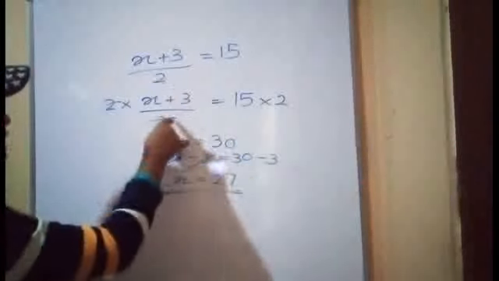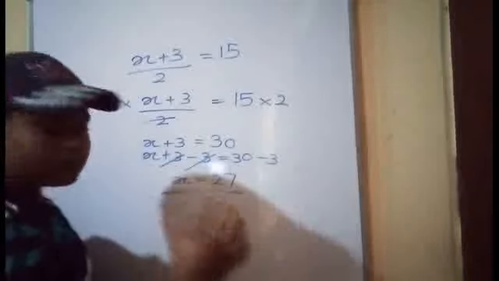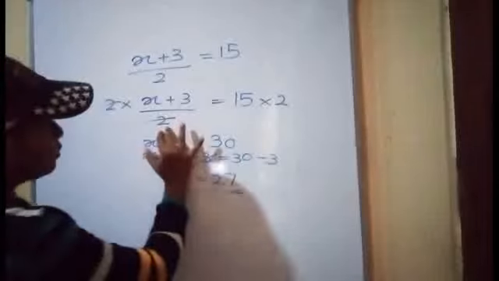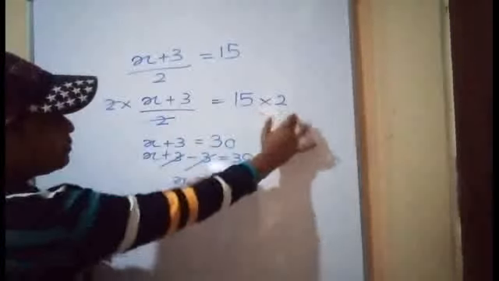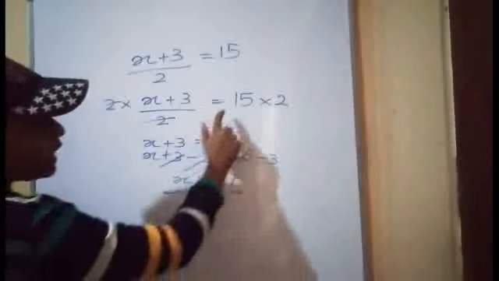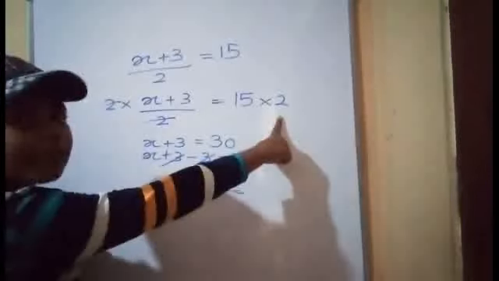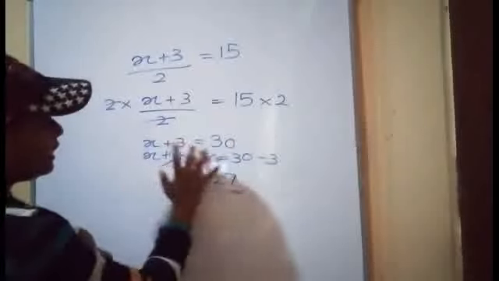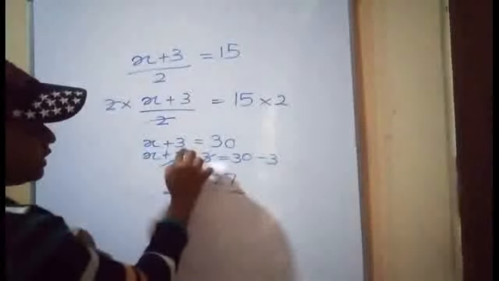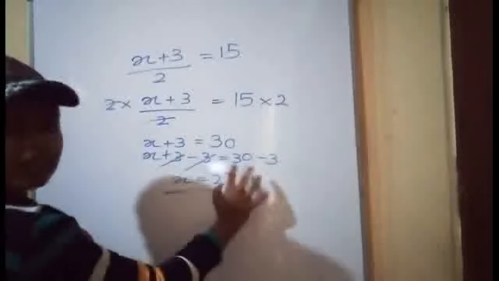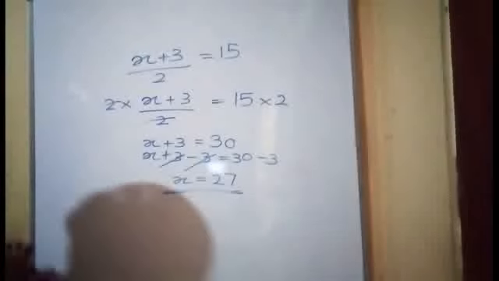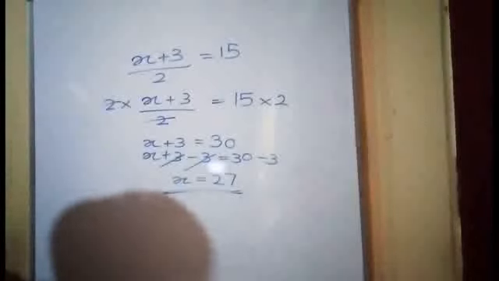So we multiply both sides by 2, and now we remove the 2, and now we have 15 times 2 means 30. x plus 3 equal 30. And now x, this constant value is 3, so both sides subtract by 3, and now x is 27.